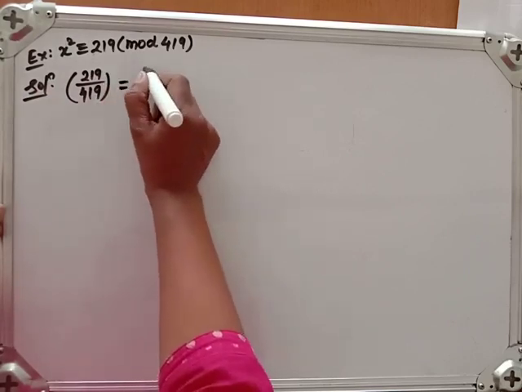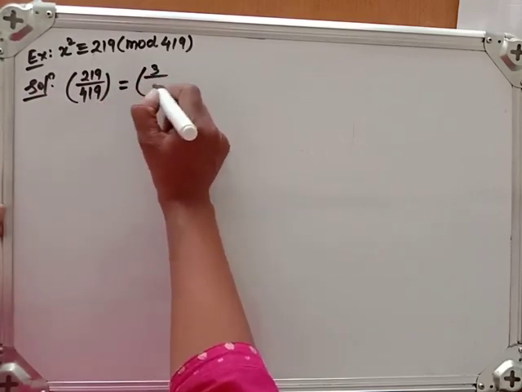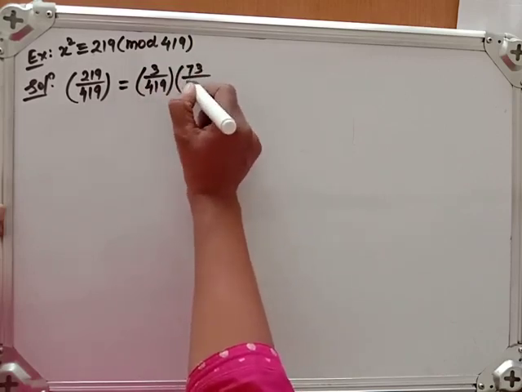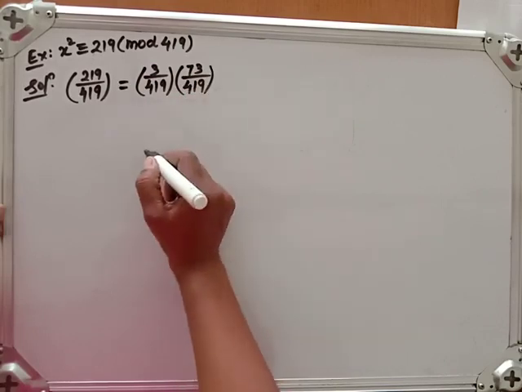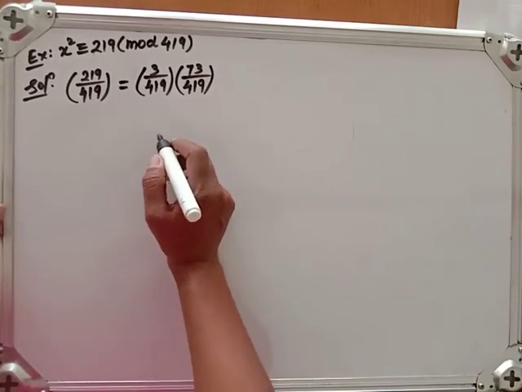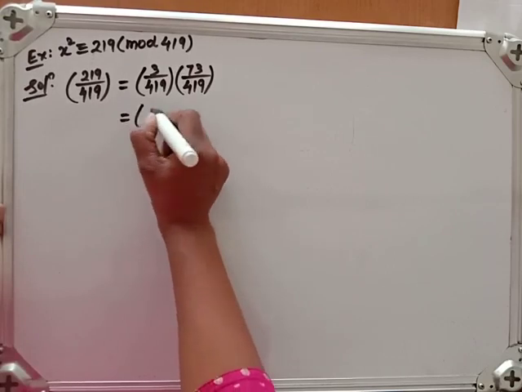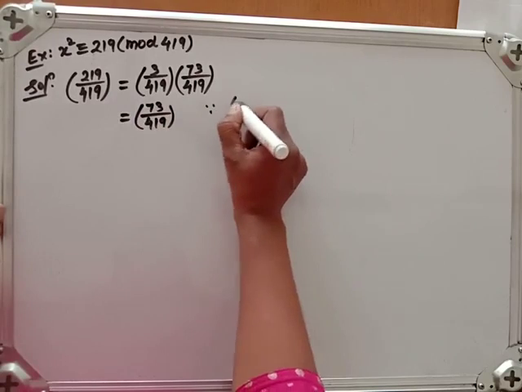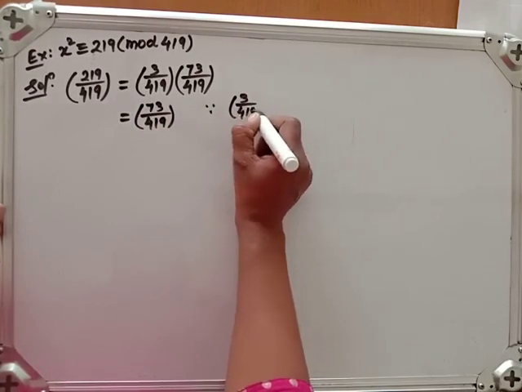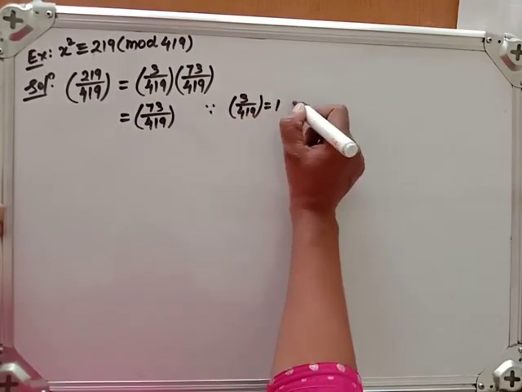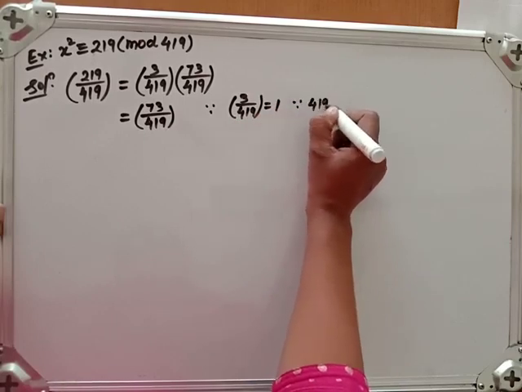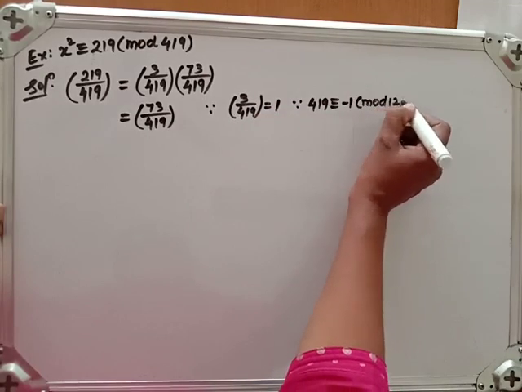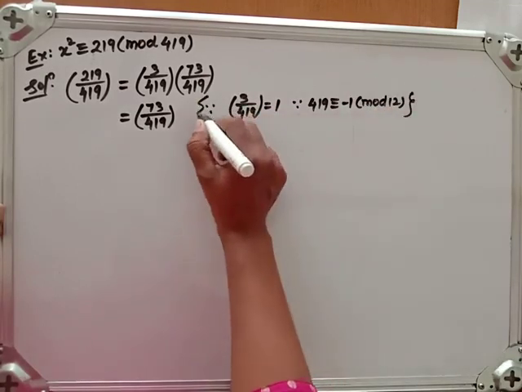So this is equivalent to the Legendre symbol of 3 upon 419 into 73 upon 419. Now this is equivalent to the Legendre symbol of 73 upon 419, because the Legendre symbol of 3 upon 419 will be 1, since 419 is congruent to minus 1 modulo 12. This is the reason here.